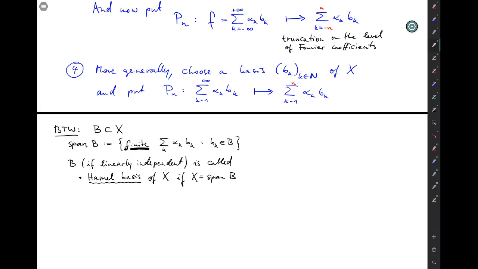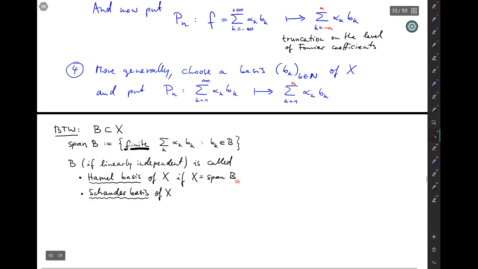And you call it a Schauder basis, I was using that word a bit earlier already, if this equality holds after taking the closure. So if you have a Hamel basis, then every element of your space X can be written as a finite linear combination of little b's.